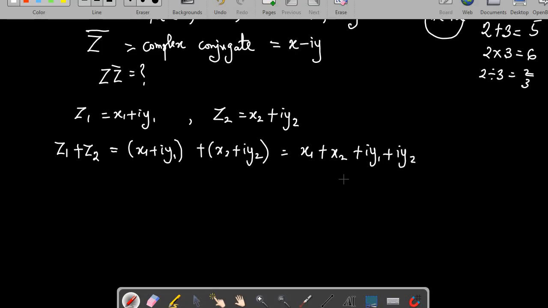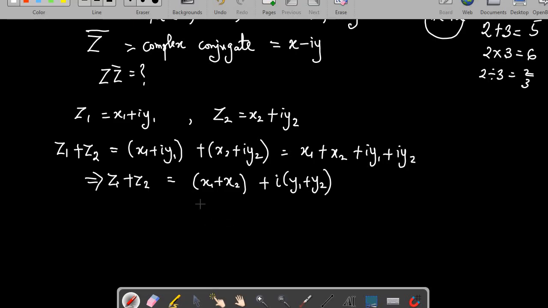The important part is for you to see that when you are adding two complex numbers, the real parts add up and the imaginary parts add up. This implies that the addition of z1 and z2 equals the addition of the real parts plus the addition of the imaginary parts.